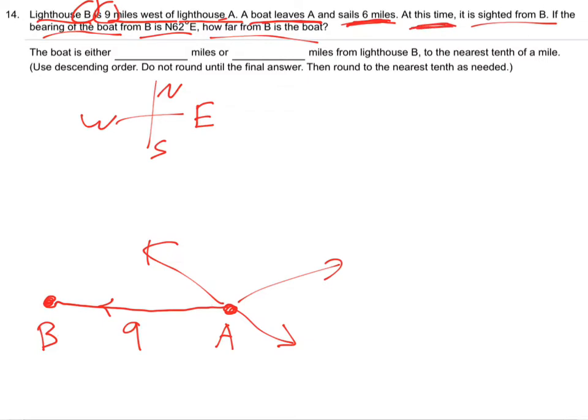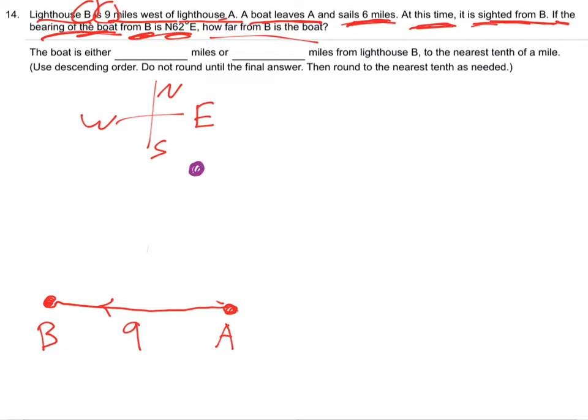At this time, meaning after it had sailed 6 miles, it is sighted from B. They see it from B. And if the bearing of the boat from B is north 62 east, the boat must have kind of gone up because when they see the boat later, it's like there, so to speak.